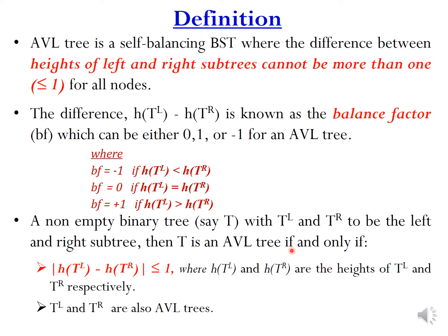Then T is an AVL tree if and only if it has the following properties: the absolute value of the difference of the height of the left subtree and the height of the right subtree should be less than or equal to 1, where h of TL is the height of the left subtree and h of TR is the height of the right subtree respectively. And TL and TR are also AVL trees.